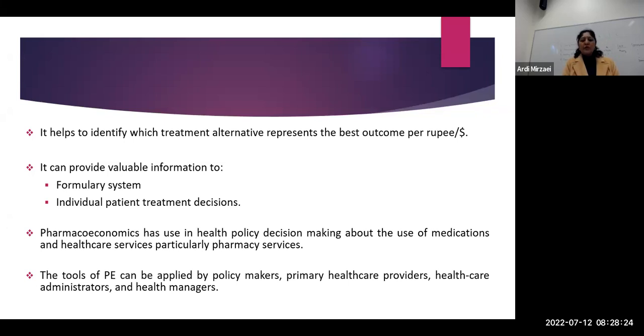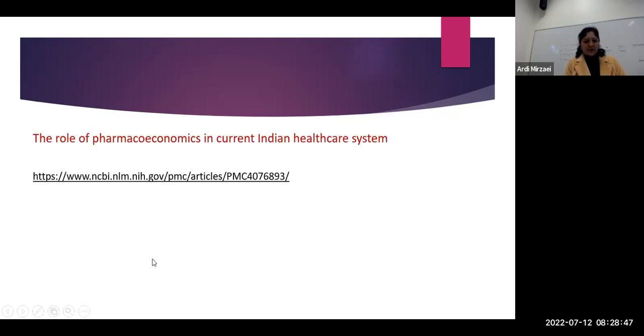Pharmacoeconomics has use in health policy decision making about the use of medication and healthcare services, particularly pharmacy services. The tools of pharmacoeconomics, meaning the different methods, can be applied by policymakers, primary healthcare providers, healthcare administrators, as well as health managers.